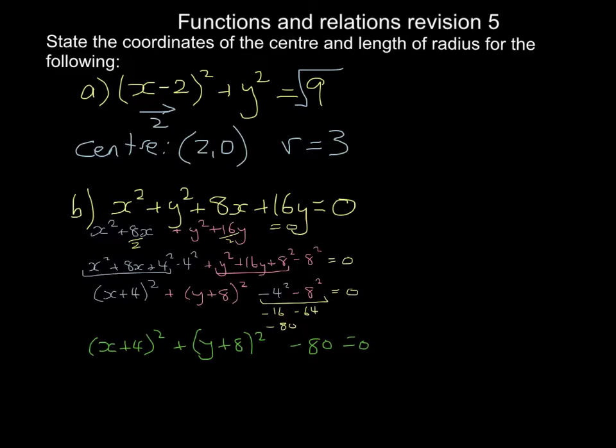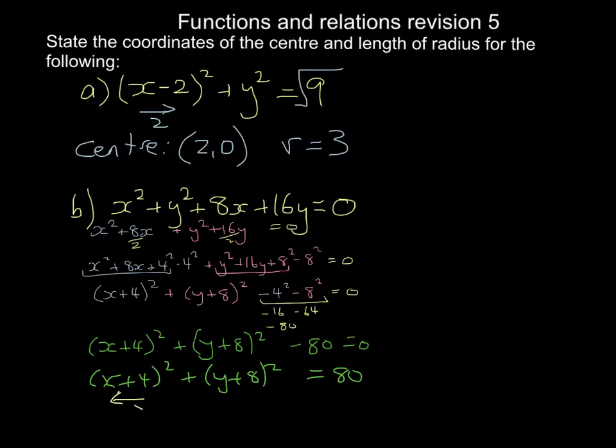And if we add 80 to both sides, we get x plus 4 squared plus y plus 8 squared equals 80.